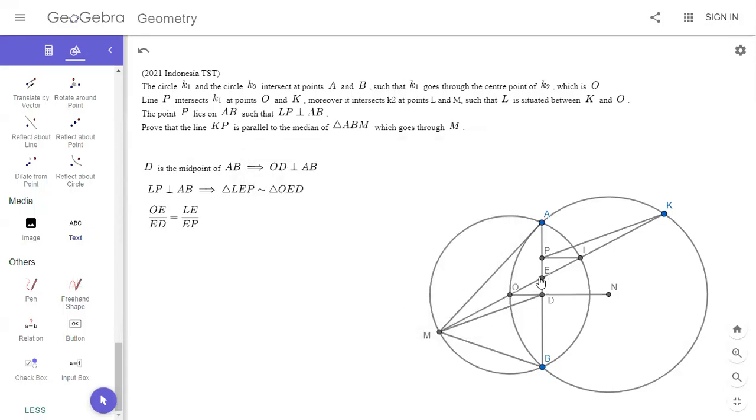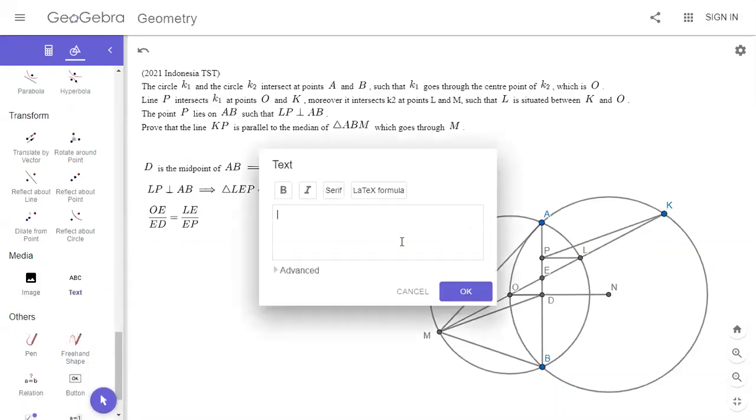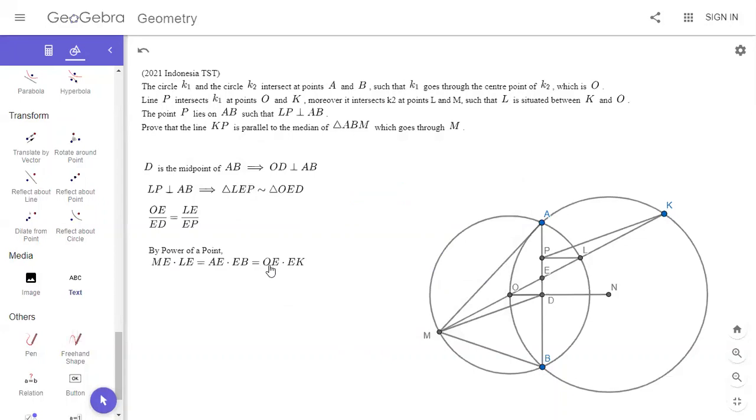So ME times LE is AE times EB is OE times EK. And then from there we have OE over LE.